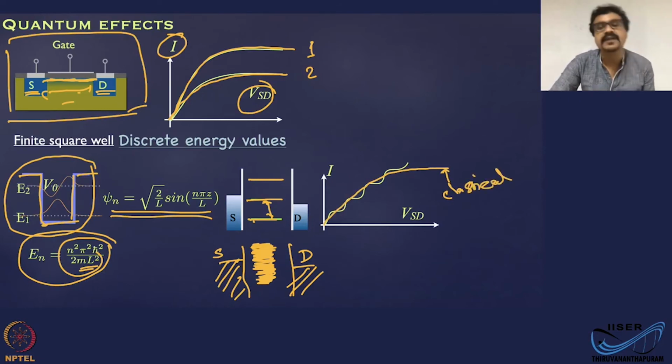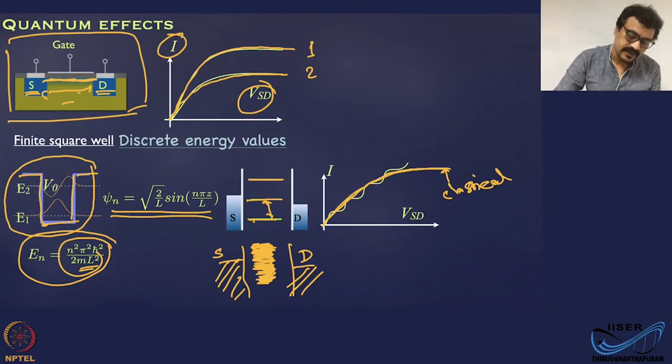This is the classical case. Because what you are doing in this specific case is you are increasing the window, this window between the source and drain.